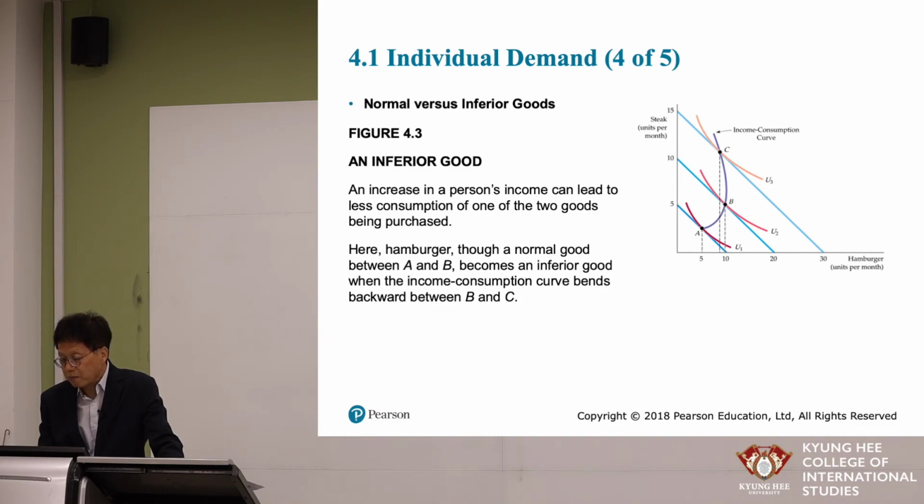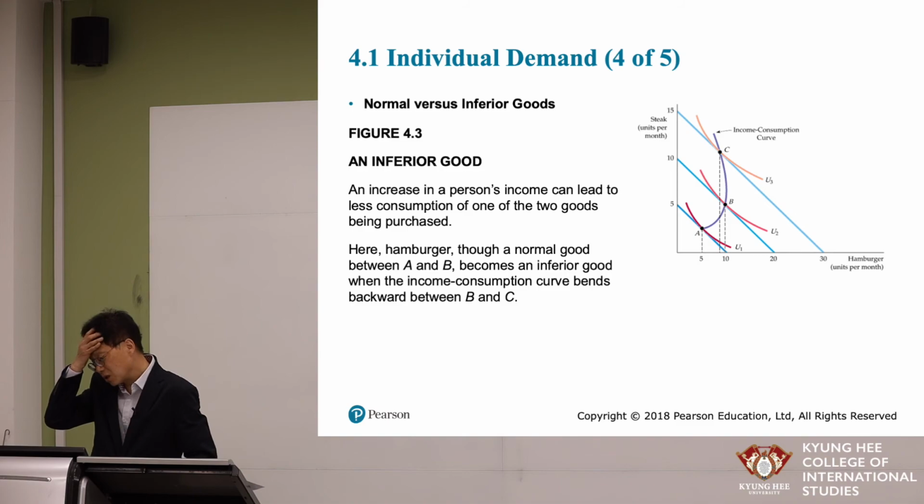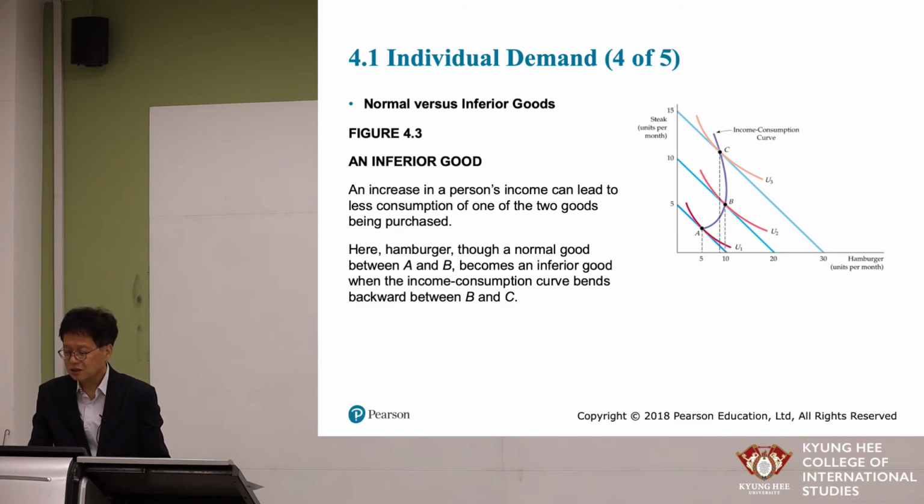Income increased, then demand for that good decreased. That is the definition of an inferior good, isn't it? So when we're moving B to C, hamburger is an inferior good. Can you understand?